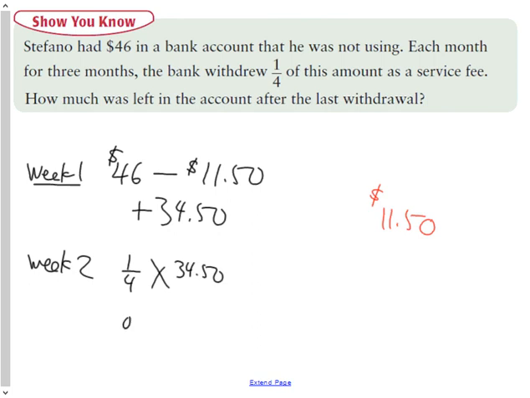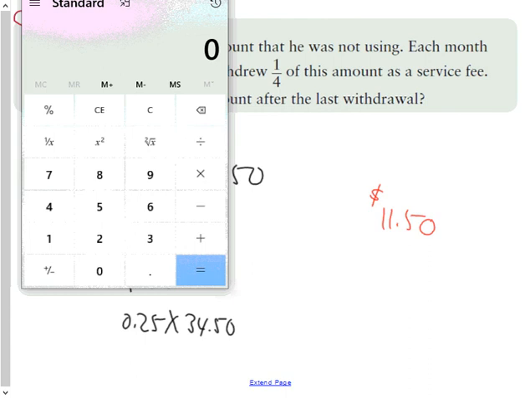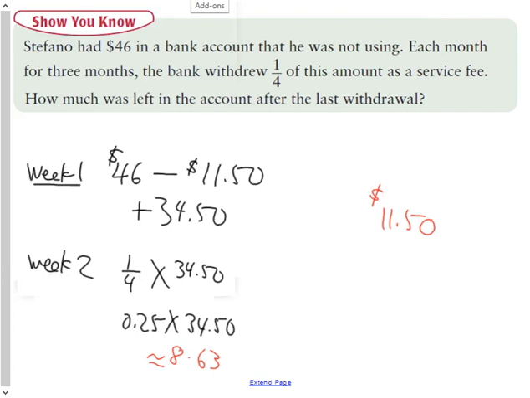Or again, since we know that a quarter is a real easy number to work with, that's the service fee, a quarter of $34.50. And we're going to put a quarter of $34.50. And there's going to be $8.63 taken out as a service fee. So $8.63 approximately, because they're going to round up, is your service fee.